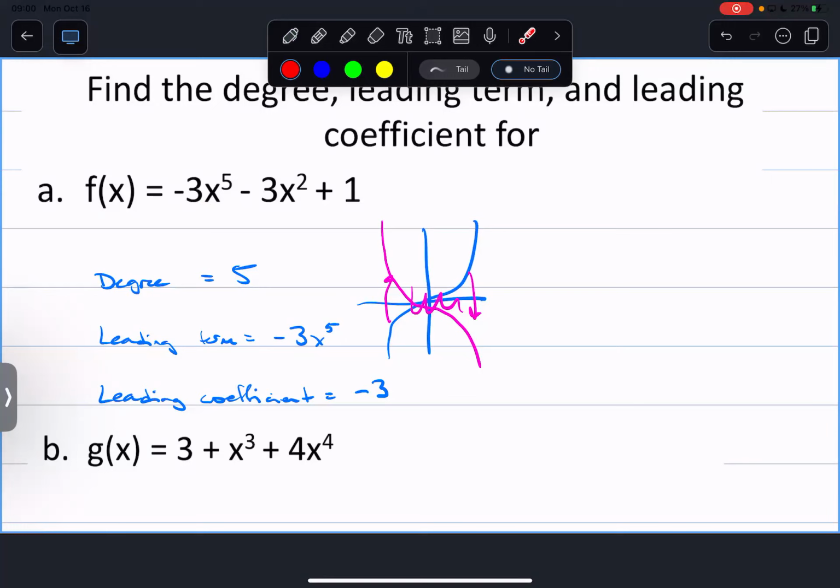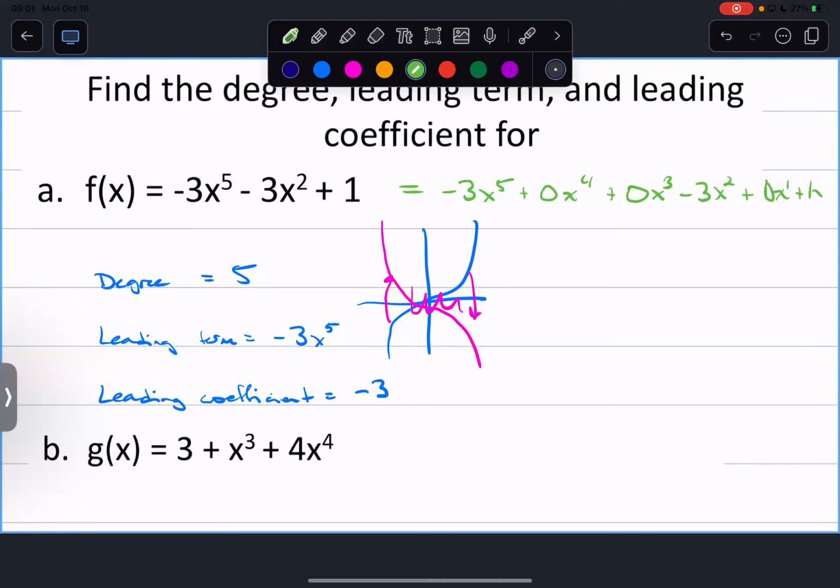They're all in there, but they all have a coefficient of 0. So this is the same as -3x to the 5 plus 0x to the 4 plus 0x to the 3 minus 3x squared plus 0 times x to the power of 1 plus 1 times x to the power of 0.